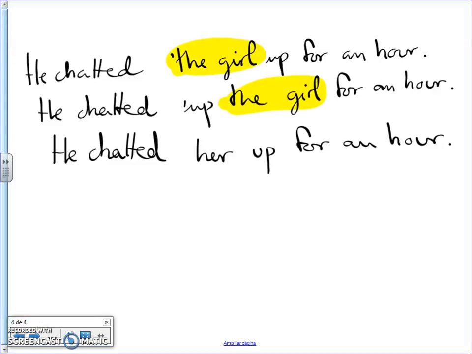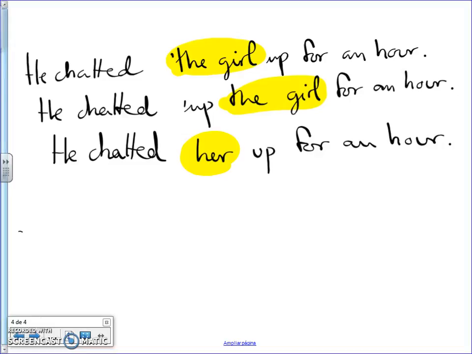However, when this object is a pronoun, the pronoun needs to be between the verb and the particle. So 2 positions if it's just a normal object like the girl, okay, and only 1 possibility if it's a pronoun.